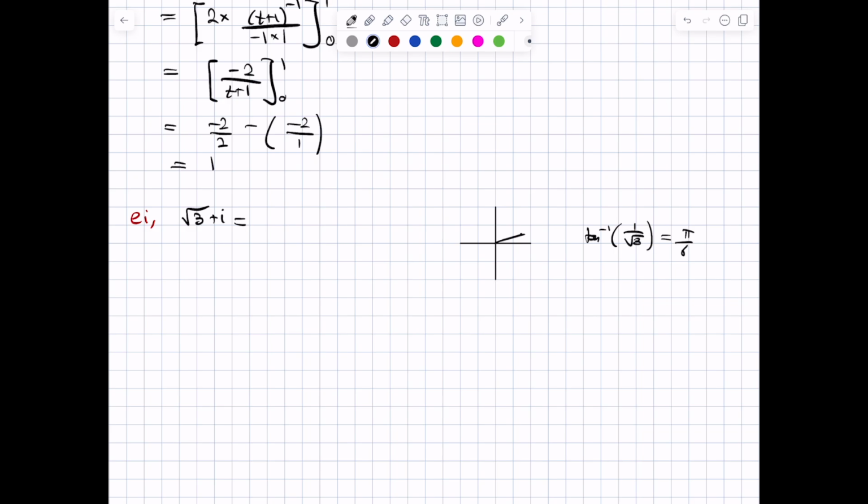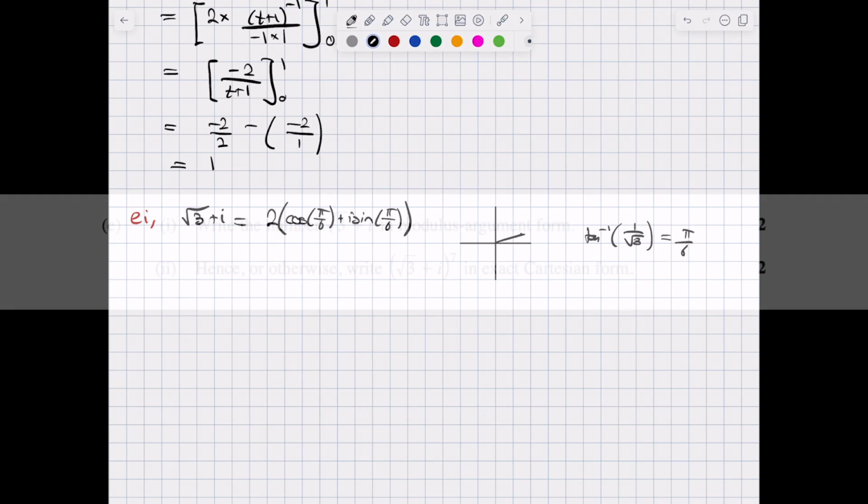My modulus is going to come from root 3 squared plus 1 squared, and then we're square rooting that, which is 2. So 2 cos pi on 6 plus i sine pi on 6. I would say to avoid using cis notation, since it's not really something that's in the syllabus, write it as cos plus i sine. Anyway, that's an easy 2 marks.